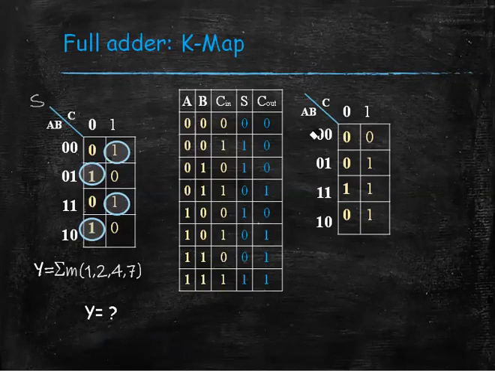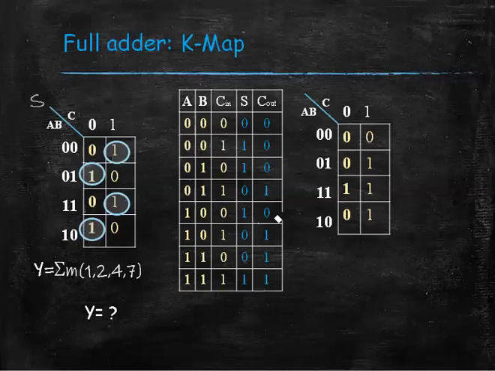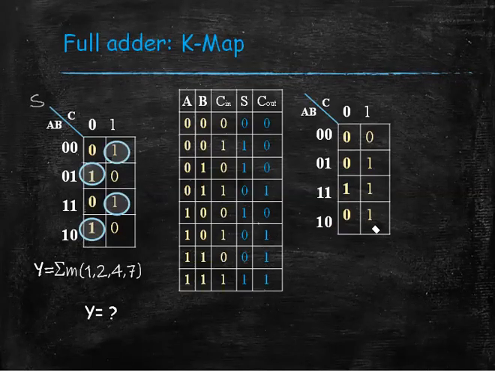we represent the Karnaugh map for Cout, the carry. When looking at the Karnaugh map, the first one is for 0 1 1, the second one is for 1 0 1, the third one is for 1 1 0, and the fourth one is for 1 1 1.